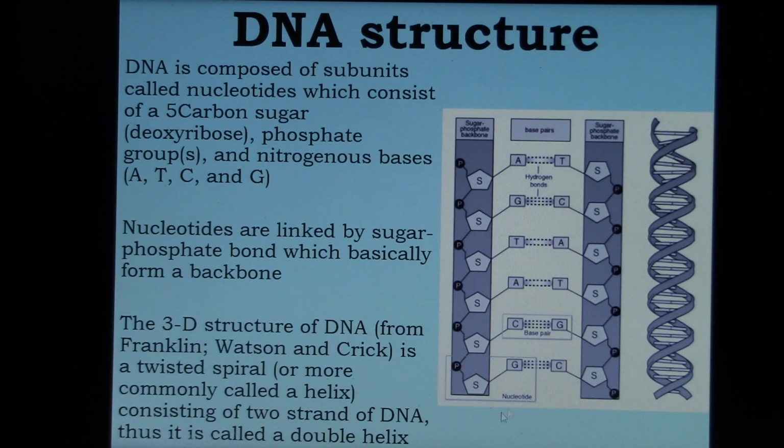So each nucleotide has in common a phosphate group, a sugar, and if it's DNA, the sugar is deoxyribose, and then a nitrogen base. And you can see there's a G here, there's a C, there's an A, there's a T. Those are the 4 bases.